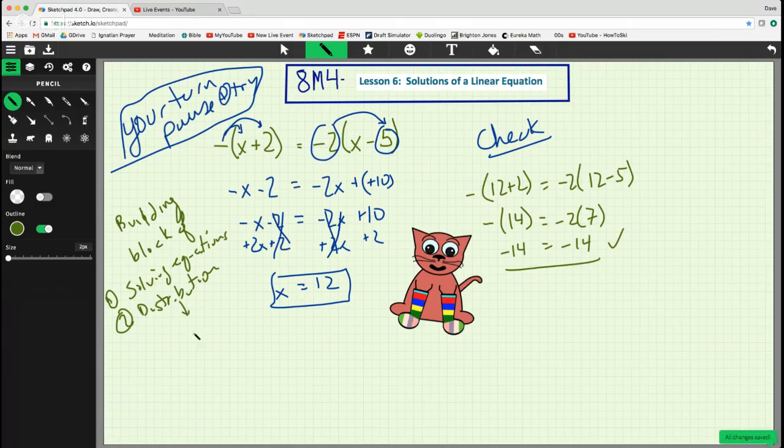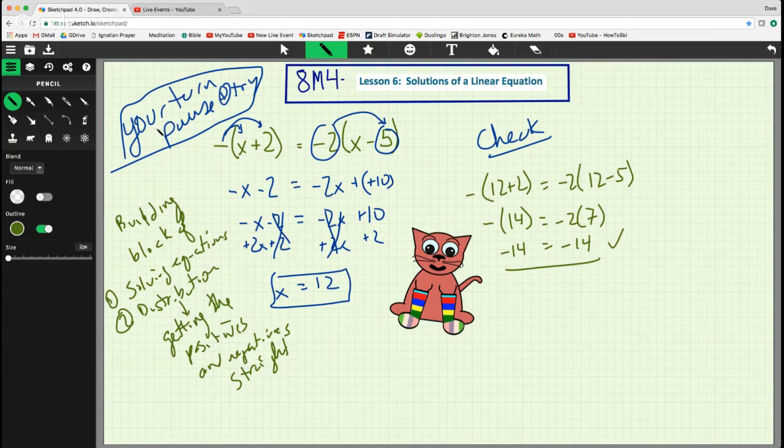And really, a lot of distribution is about getting the positives and negatives straight. Who's made a negative or a positive error so far today? Very common, so don't get down on yourself. Just keep practicing and you'll really get the hang of it.